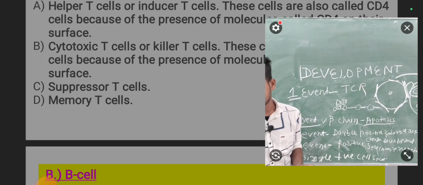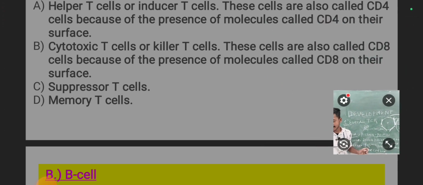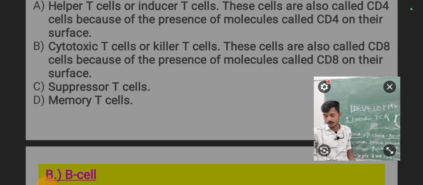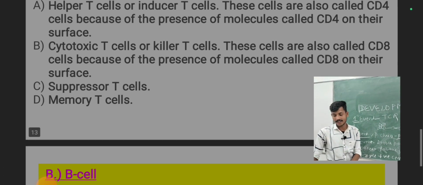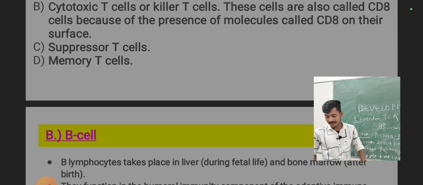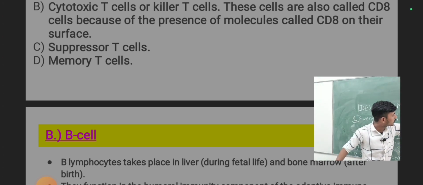Clear? Now, the other type of T lymphocyte which forms during processing is called the cytotoxic T cell or killer T cell. These are basically the CD8 molecules.